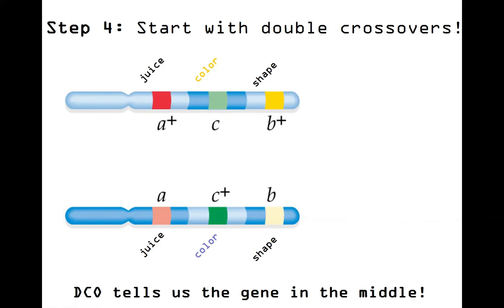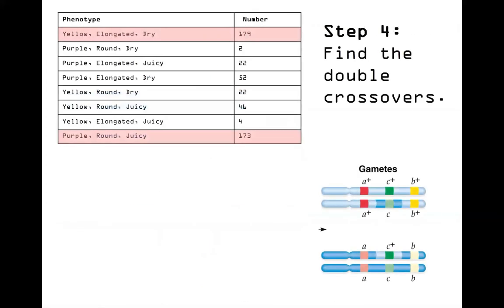We can also pretty easily pinpoint these based off of the offspring frequencies. So let's revisit these offspring, remembering that a double crossover means there were two crossovers, okay? And the essence of this is basically probability or chance.